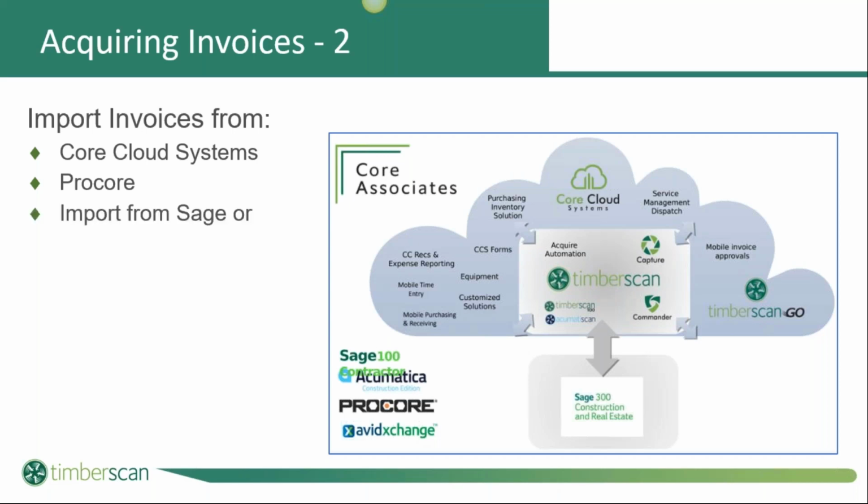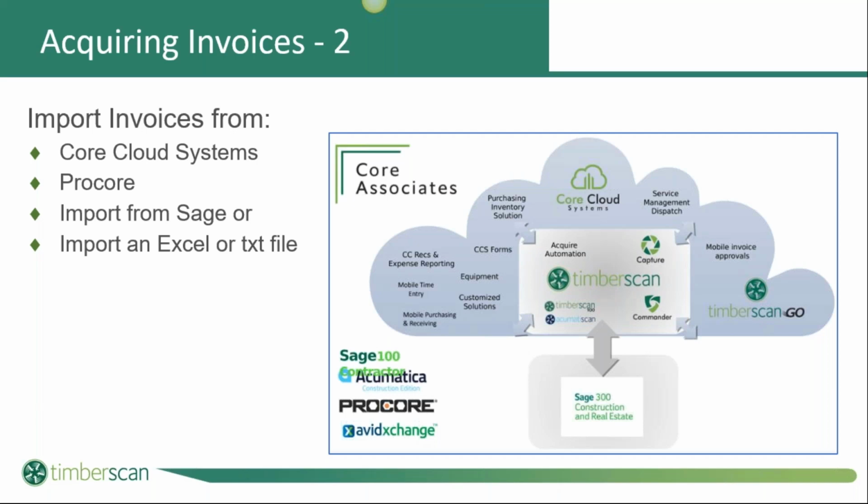If you want to enter invoices first into Sage, we can later import those into TimberScan for approval and matching image attachment. This feature is automatically included as part of TimberScan. In addition, we can also import from an Excel or text file into TimberScan.